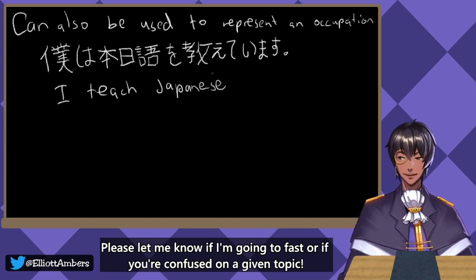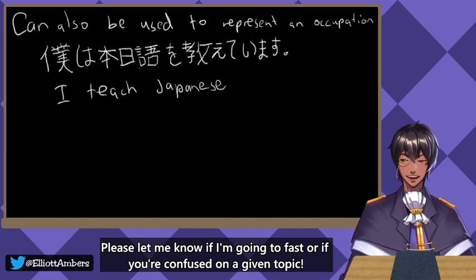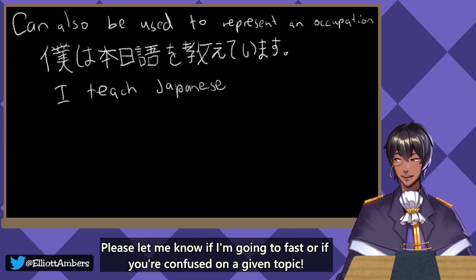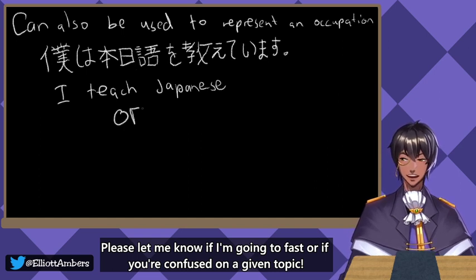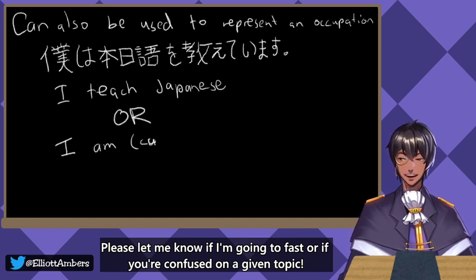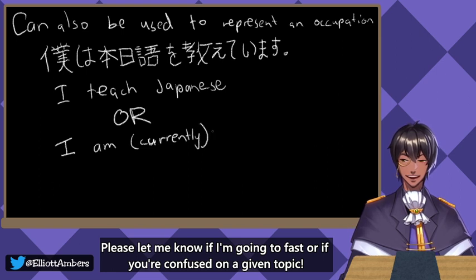However, because we also said that this can represent an action in progress, you have to make sure that you have the proper context here. It could represent that you are someone who teaches Japanese, or I am currently, as in you're in the classroom teaching a lesson, currently teaching Japanese.